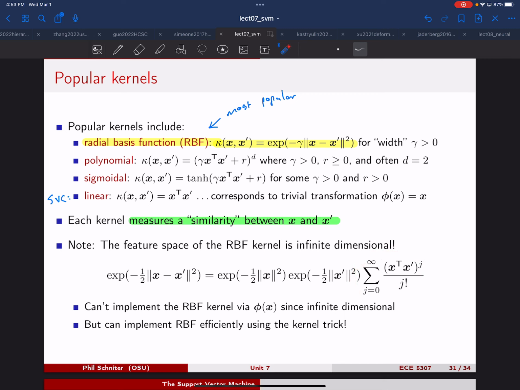And the point of this is basically just that if you try to find the phi corresponding to the RBF kernel, it would require an infinite dimensional explicit transform. And we can't do that. But it's very easy to implement this directly in the kernel domain. So that's the beauty of the kernel trick.